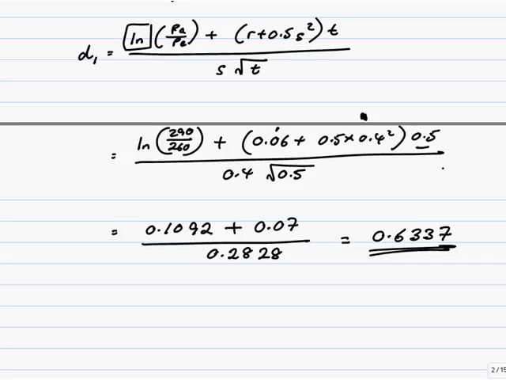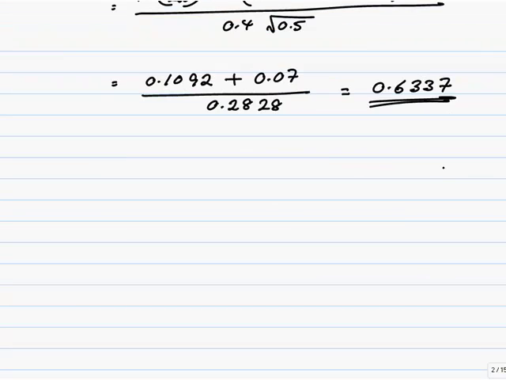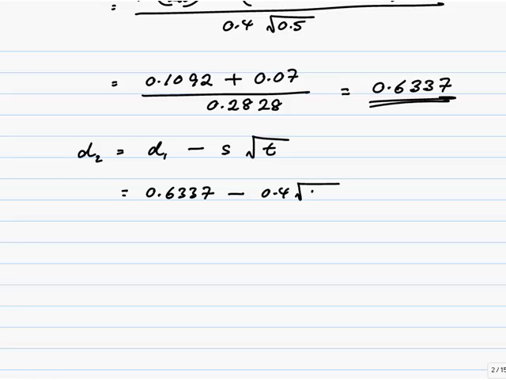However, we still can't go to the main formula yet because we need D2. And if you look back to the formula sheet, D2 is D1 minus S root T. Well, hopefully no problem here. D1 we've just calculated, 0.6337. S, 0.4, times the square root of T, 0.5.